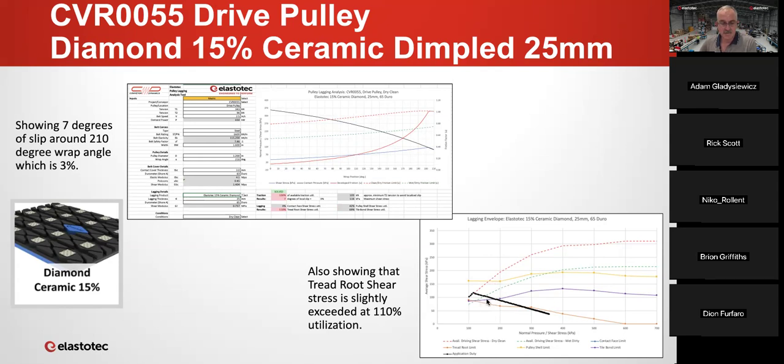We are slightly above the tile fatigue limit in one area and slightly above the tread root limit, but it's better. It's better than it was for the 12 mil. So it's basically saying that we would expect the 25 mil lagging to last longer, albeit it may not reach 5 years.